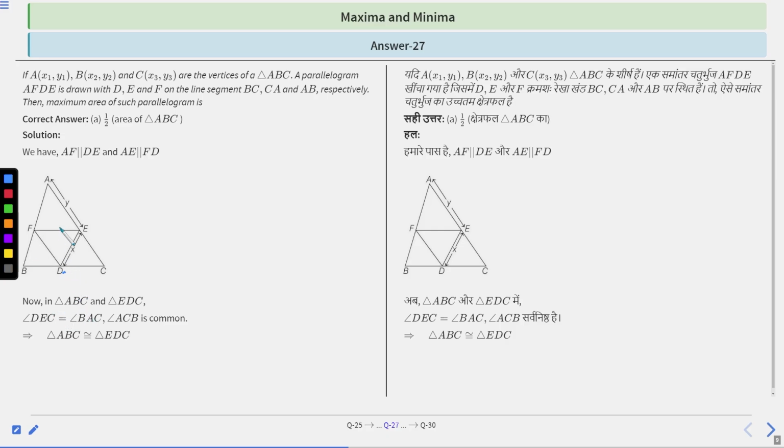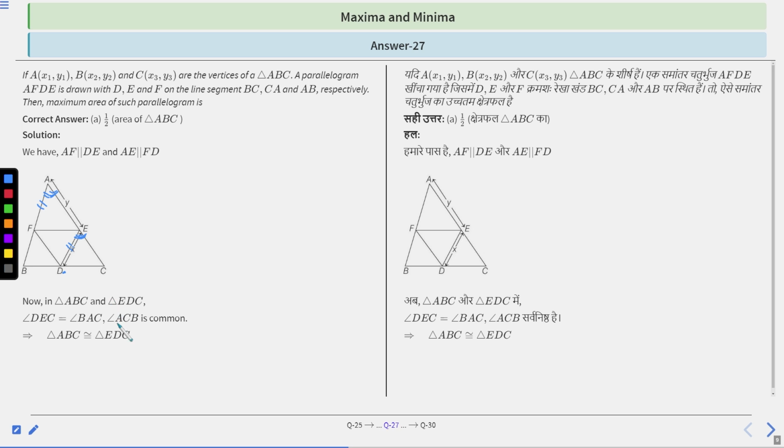Now you can see that in triangles ABC and EDC, angle DEC, since it is a parallelogram, will be equal to angle BAC. Clear? Because it is a parallelogram, this line and this line are parallel, right?